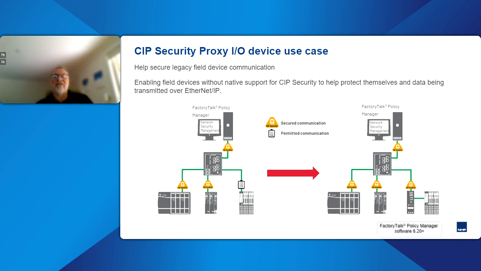In this case, it's the Point IO. So we can put this device right next to the device, have a very short unsecured link between this device and the Point IO, but then the communication from the switch to this device is secure. So if this device is out in the field, and you want to secure the comms to the legacy device, you can use this thing called a CIP security proxy.